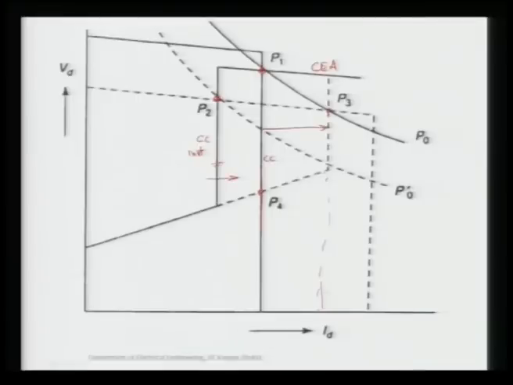So, it will be intersecting here, and now in this case you are increasing the current order, but at the same time the voltage is also reduced and the power is also less, because this power is much less than even your P3 value here. So, it is advisable to shift this characteristic, meaning the current order of the rectifier, so that we can get the suitable operating point P3 and maintain the constant power.